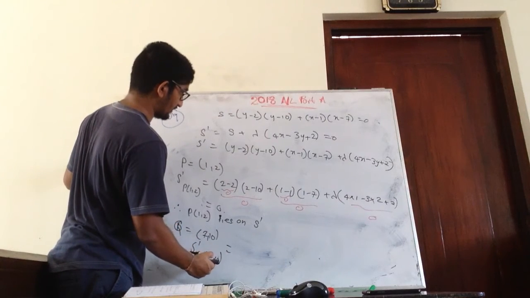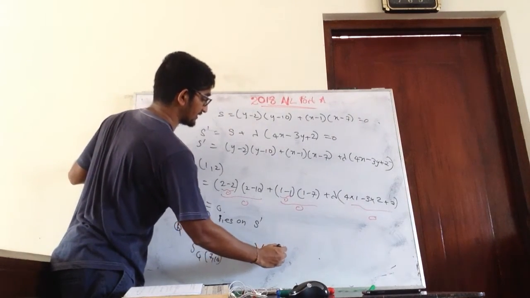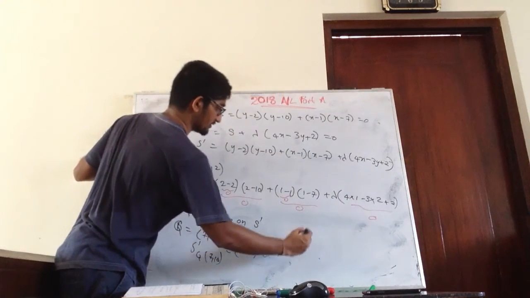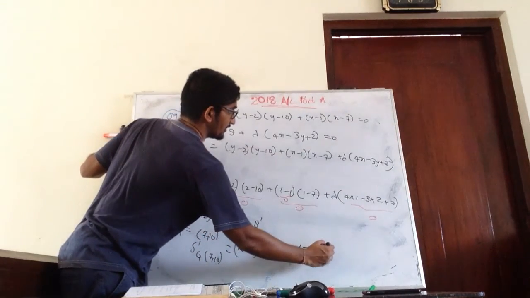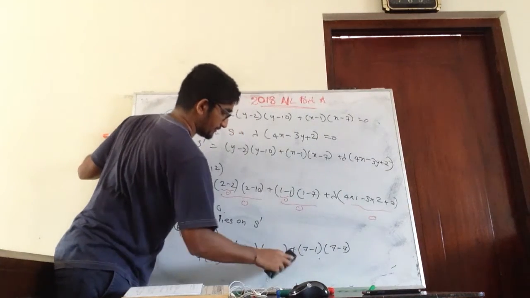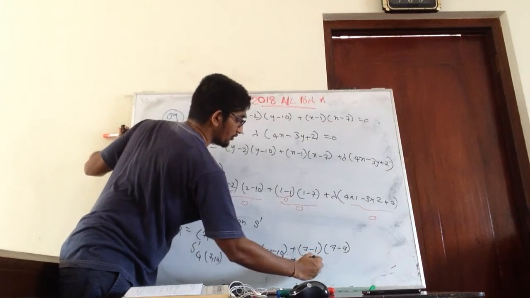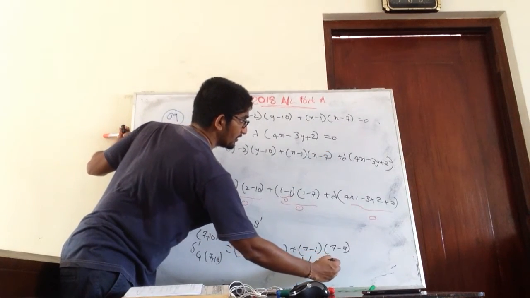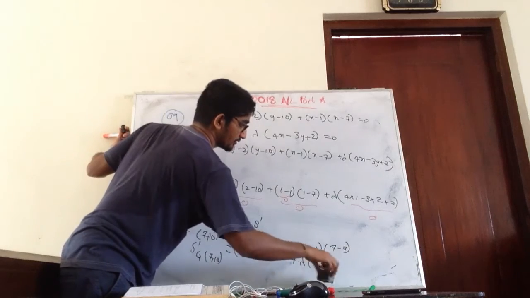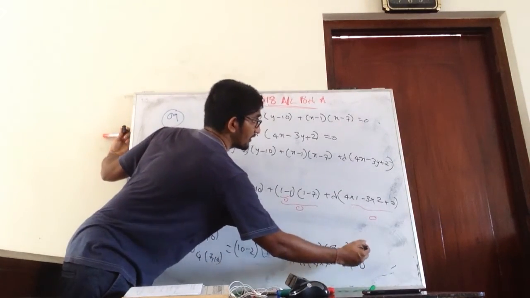That means 10 is y, no? 10 minus 2, 10 minus 10, plus 7 minus 1, 7 minus 7, plus lambda into 4 times 7 minus 3 times 10 plus 2.